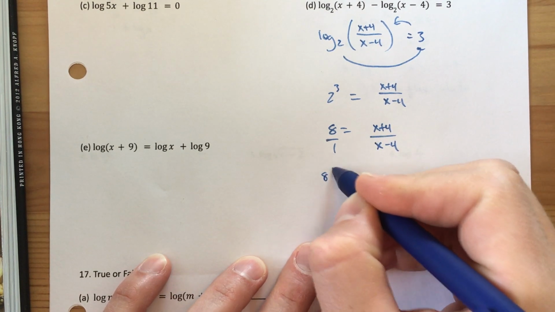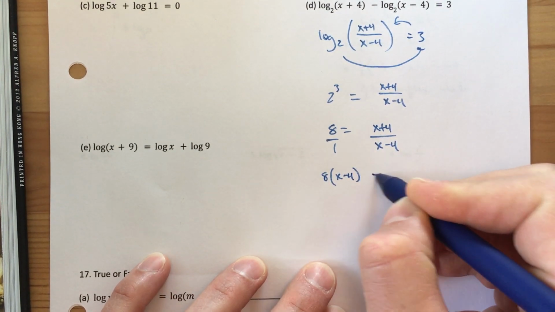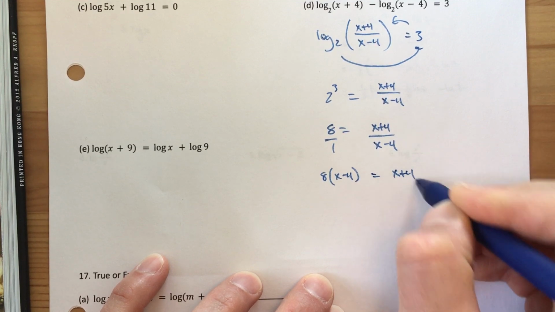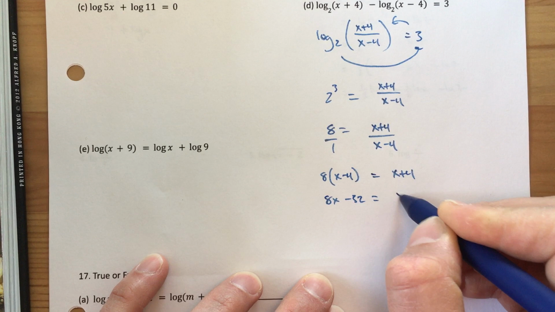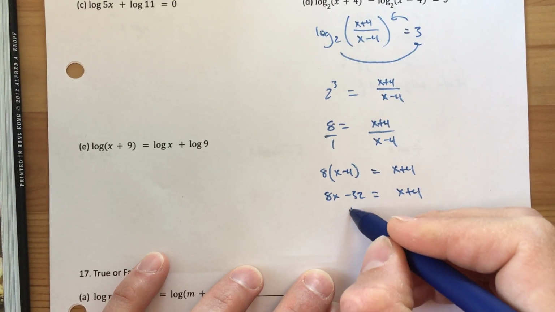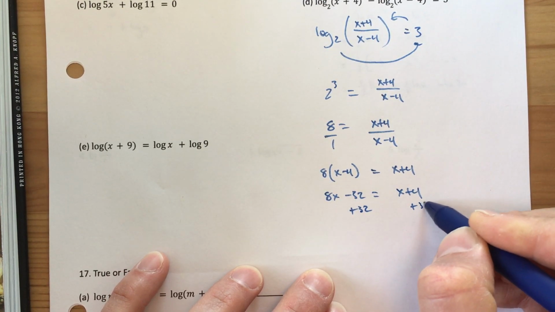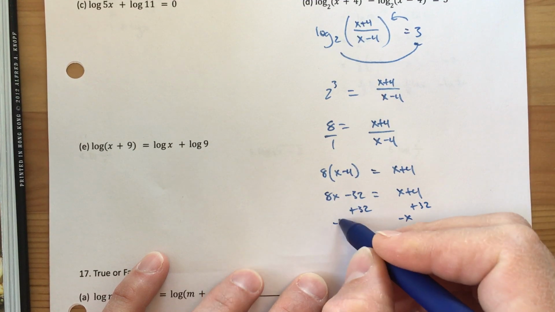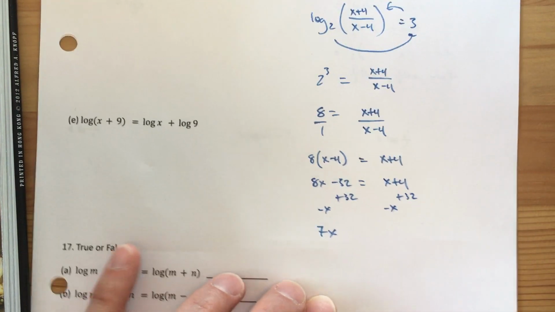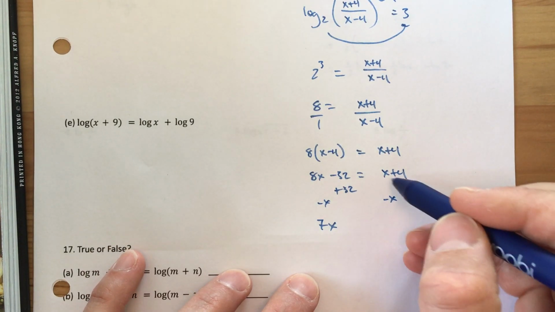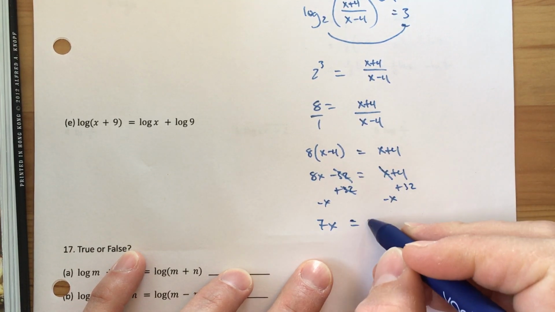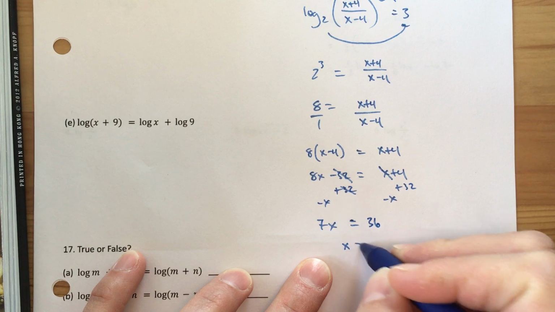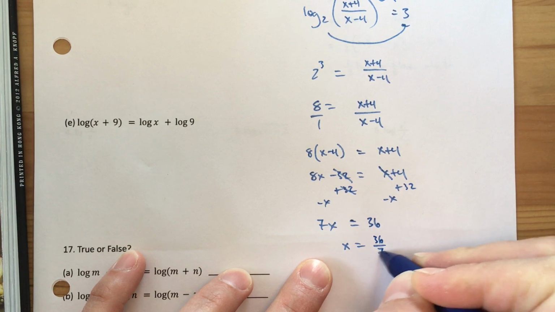So then 8 times (x minus 4) is equal to (x plus 4) times 1. Now I can get 8x minus 32 equals x plus 4. Add 32, subtract x. Now I have 7x equals 32 plus 4, which is 36. So x should be 36/7.